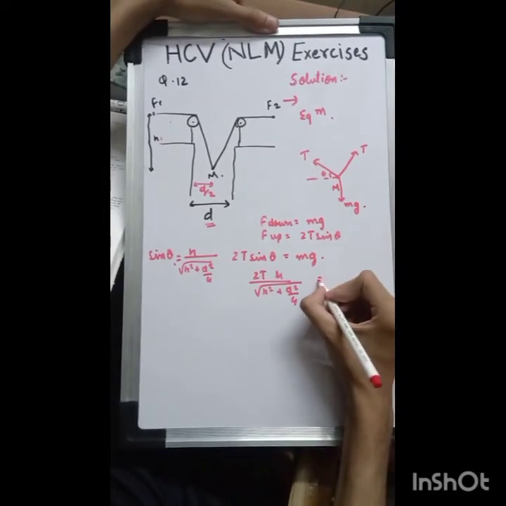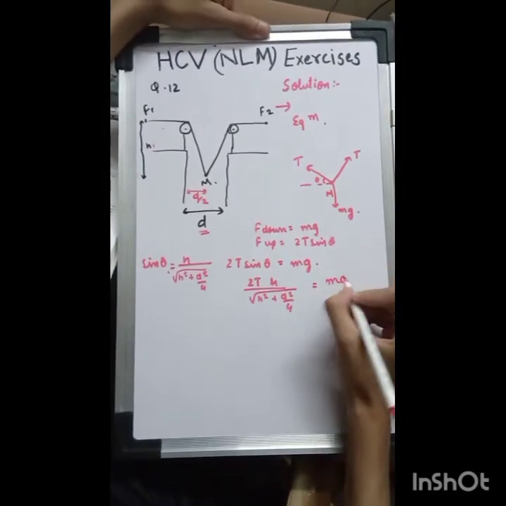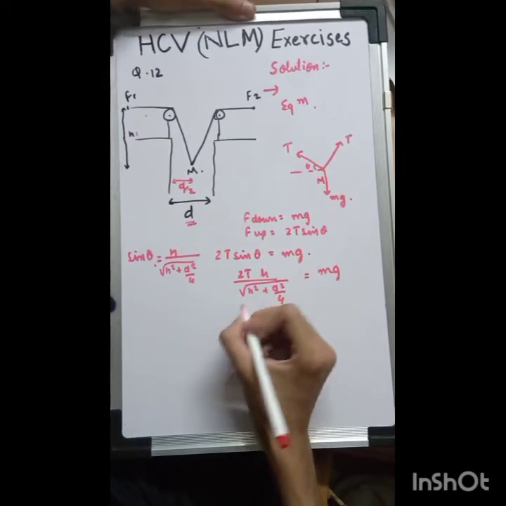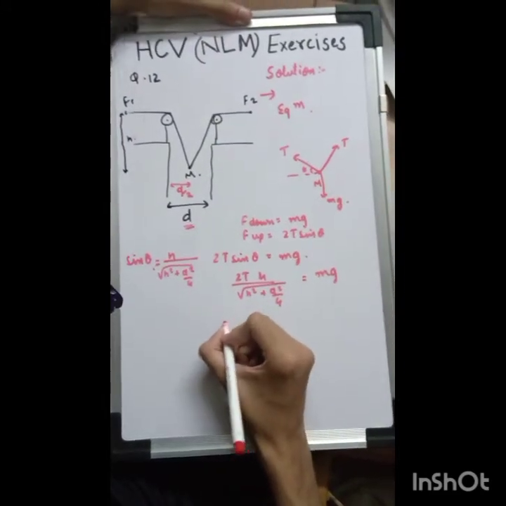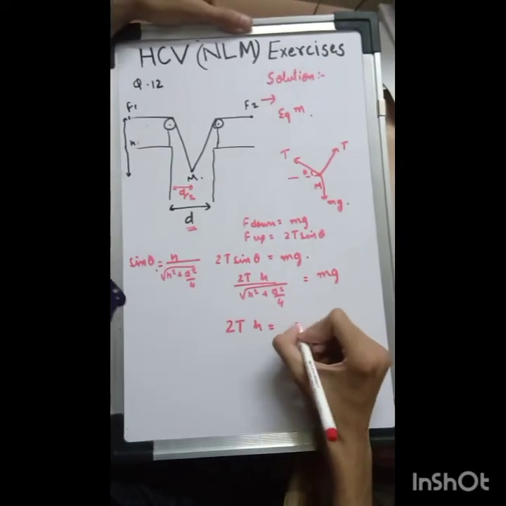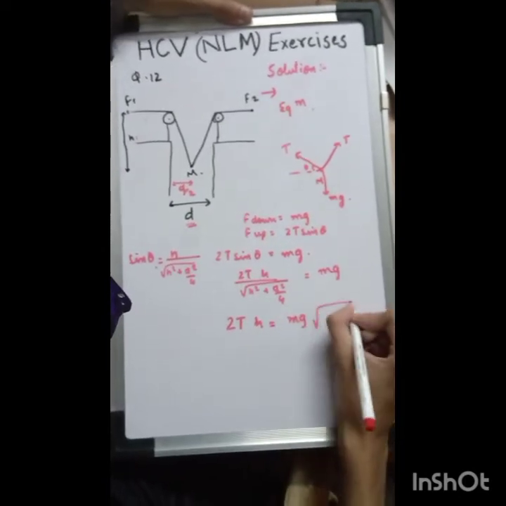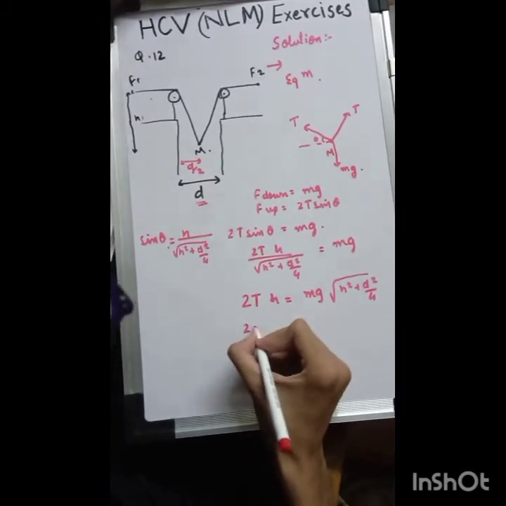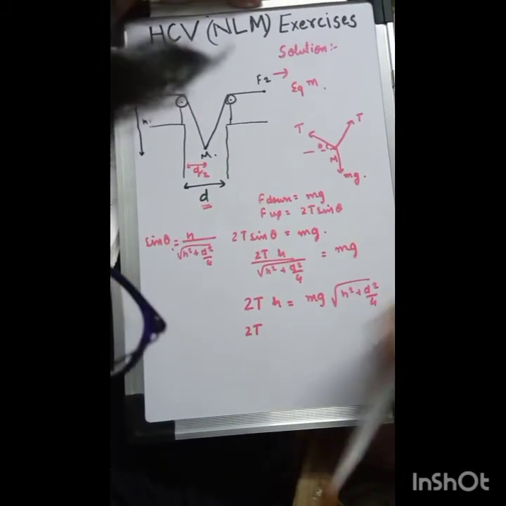Okay, so we need to find a relation, right? We would take this h downwards, so we write 2Th is equal to mg into under root of h square plus d square by 4, and further we take it like this.